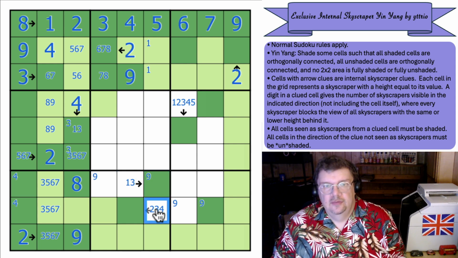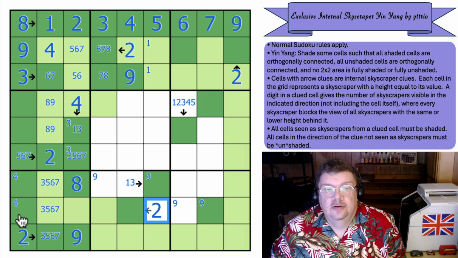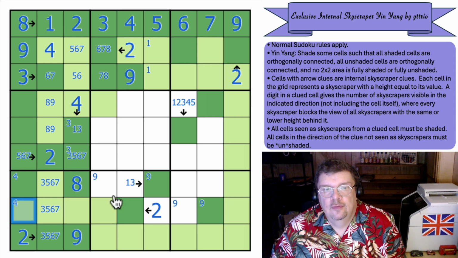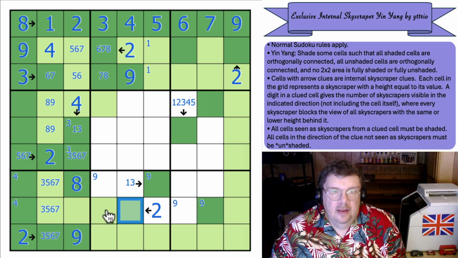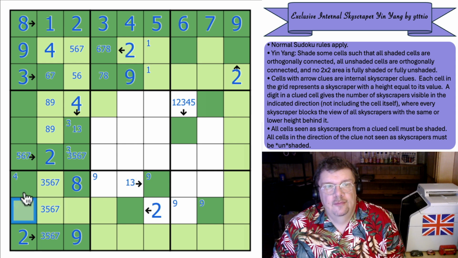Oh, this is a 2, because it sees the 2 digits. So, if that were a 4, this would have to be a 3 at the most, and then those digits would all have to be less than 3, which they can't be. That's not a 4.